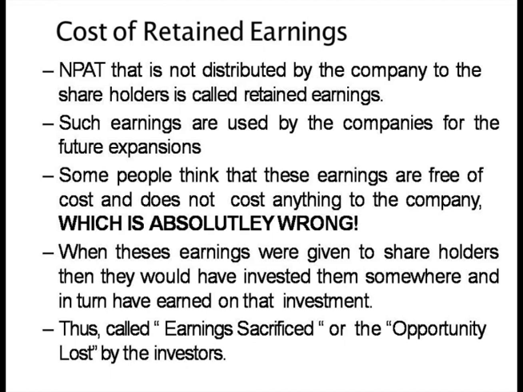Such earnings are used by companies for future expansion, as I already explained. But some people think that these earnings are free of cost and do not cost anything to the company. But this is not true. This is absolutely wrong.